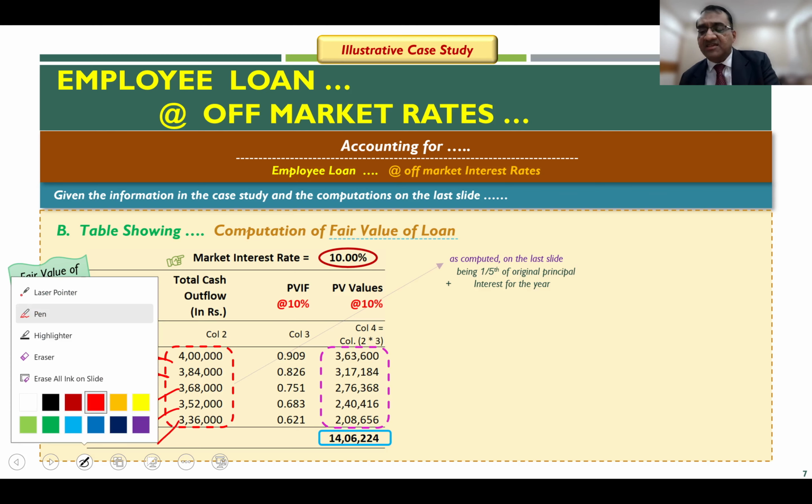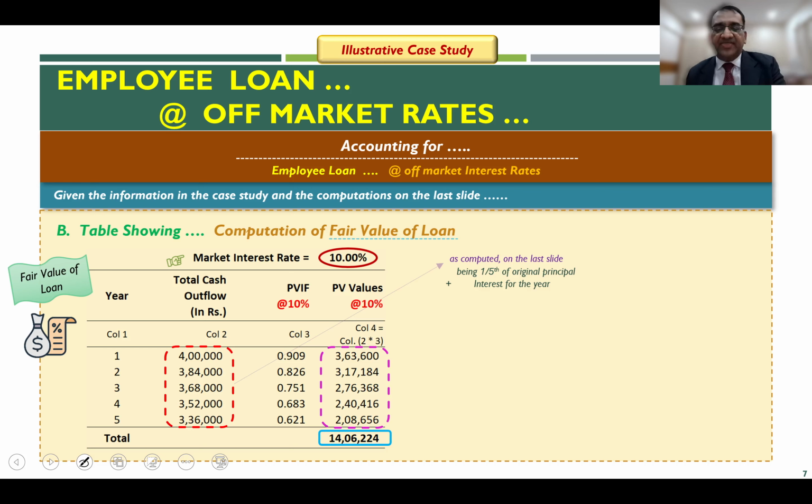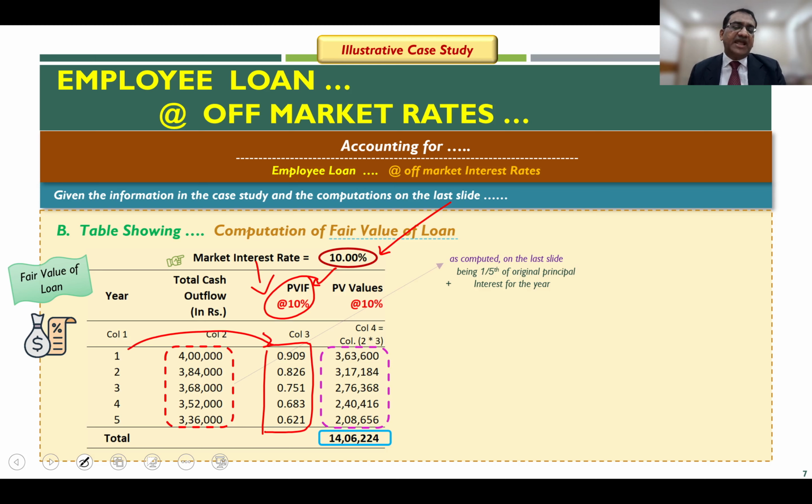So with this cash flow stream, if the discounting rate is 10%, which in this case is the market interest rate, then the present value factor at 10% would be these numbers. In many of my earlier videos, I have explained how to compute these. They can directly be obtained from the present value interest factor tables, which are available in any standard financial management book. But if you simply look at how this 0.909 has been calculated, it is nothing but 1 divided by 1.10.